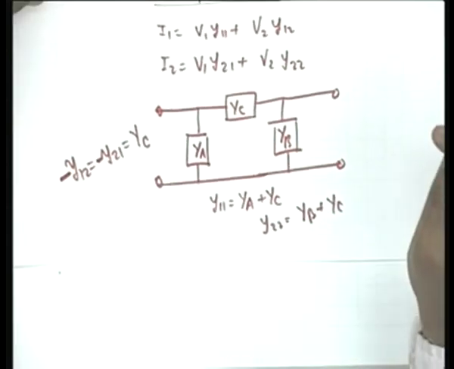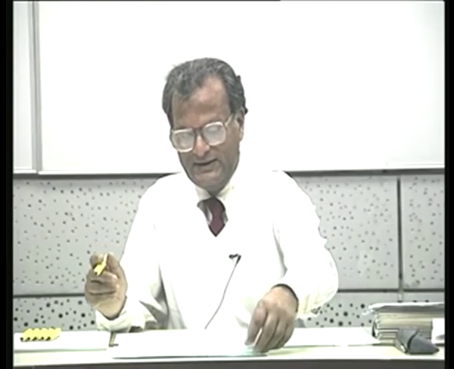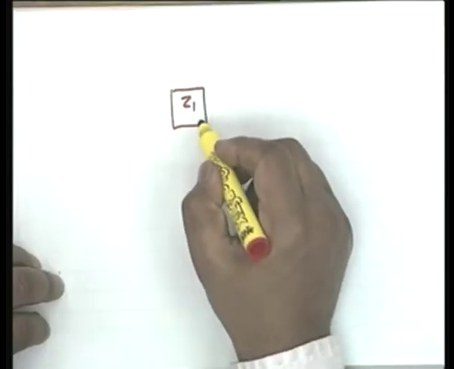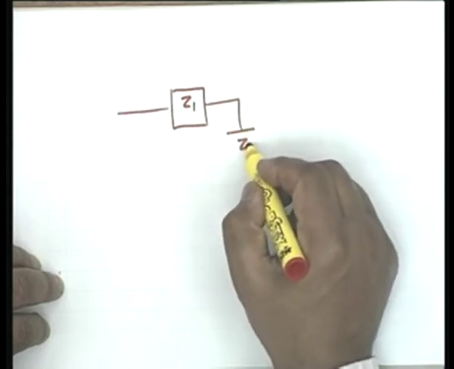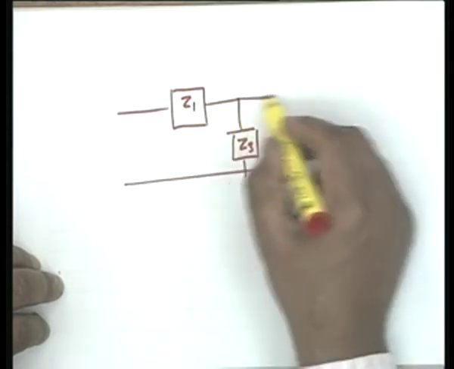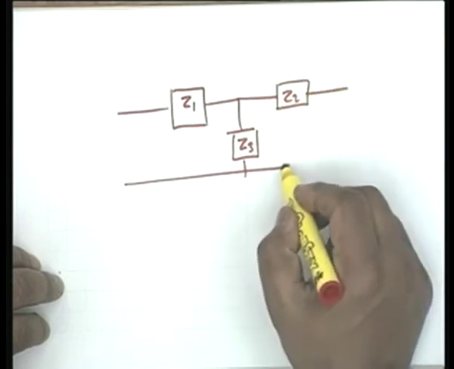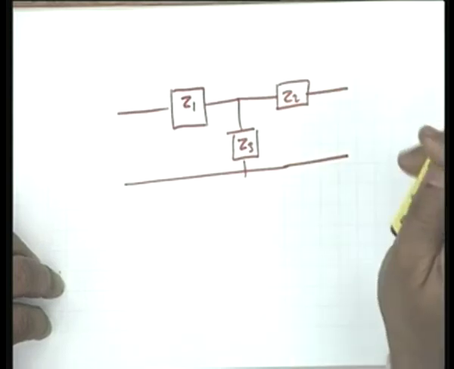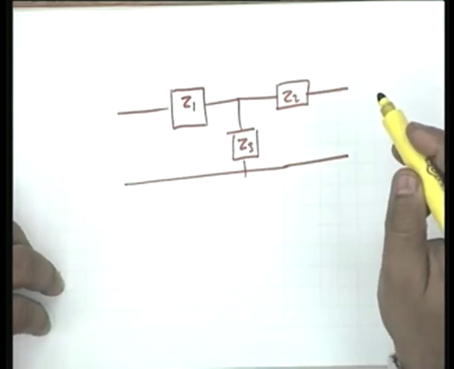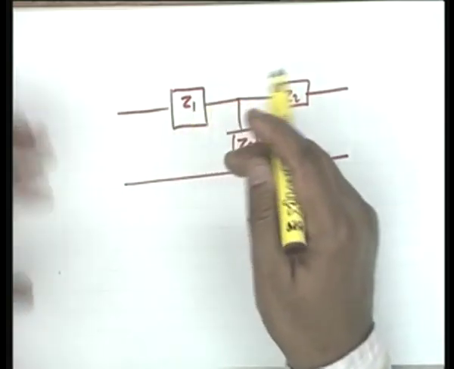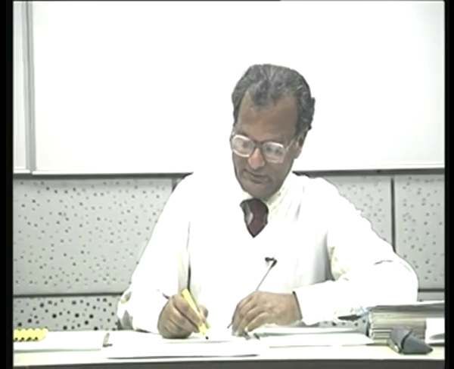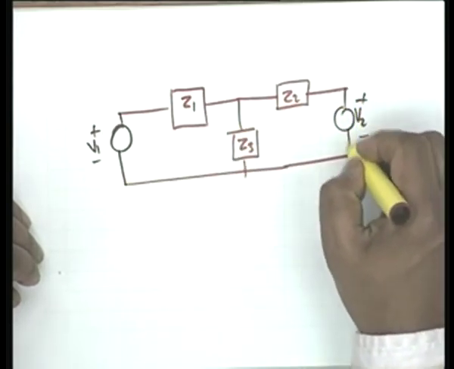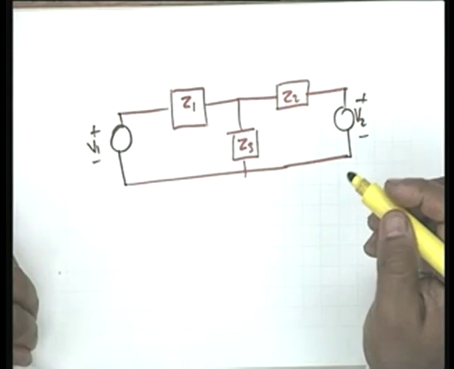Alright. Now let us take a little more difficult example, that is we take the T network Z1, Z3, and Z2. We are required to find out the Y parameters of this network, and we shall apply the general procedure. General procedure is at ports 1 and 2 you connect a voltage generator V1 and V2, then write the mesh equations.